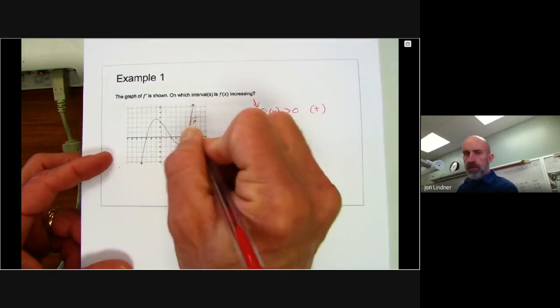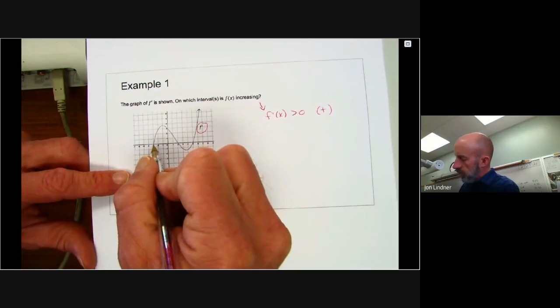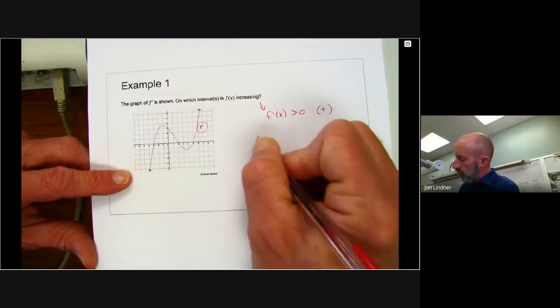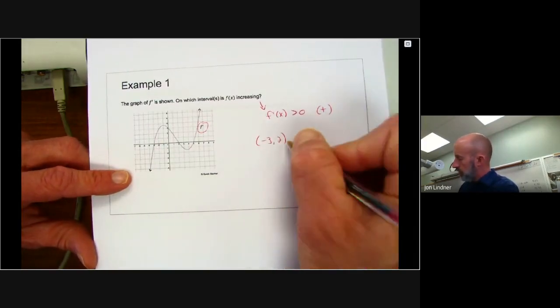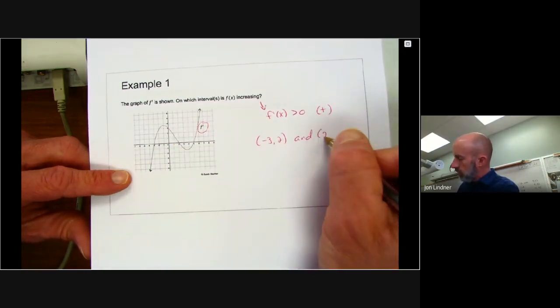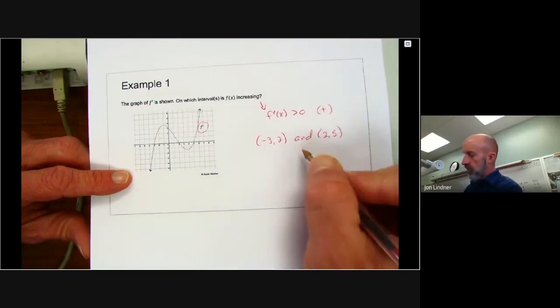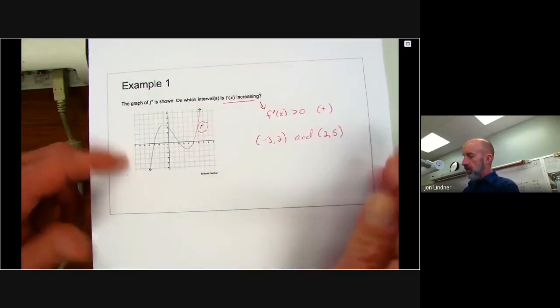This is the graph of f prime, so it obviously has positive values from -3 to 2 and from 2 to 5.